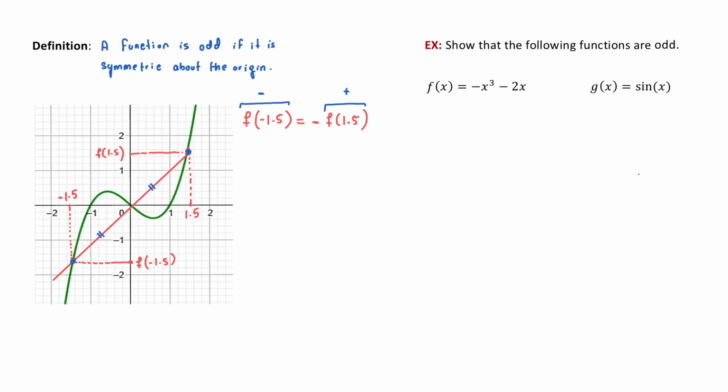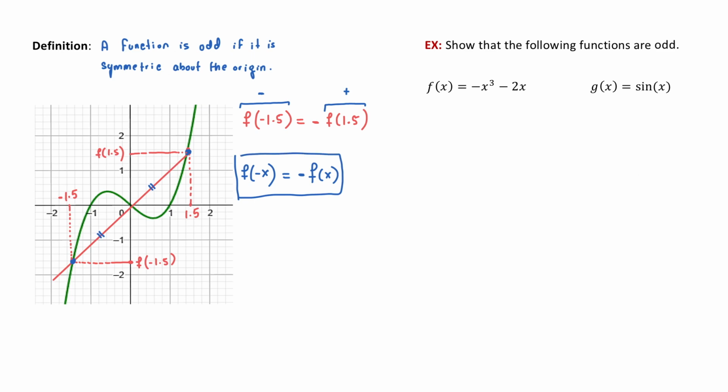Now I have equality. And now I can generalize this statement by using only variables. So a function is odd if and only if f of negative x is equal to minus f of x. Okay, so this is what makes a function odd.